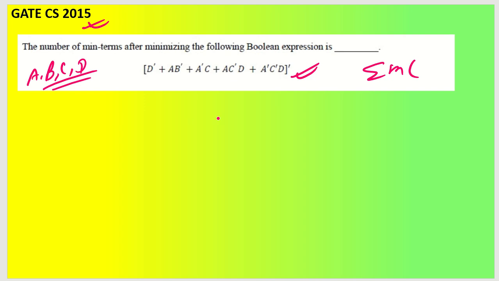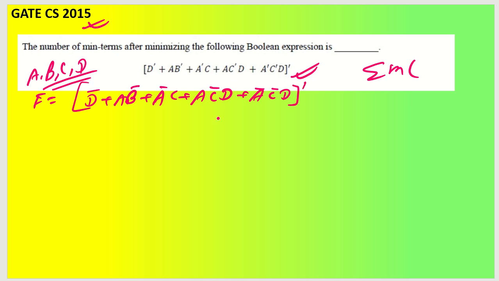We have the function which is going to be D bar plus A B bar plus A bar C plus A C bar D plus A bar C bar D, the whole bar. Now, from the last terms I can take C bar D common.